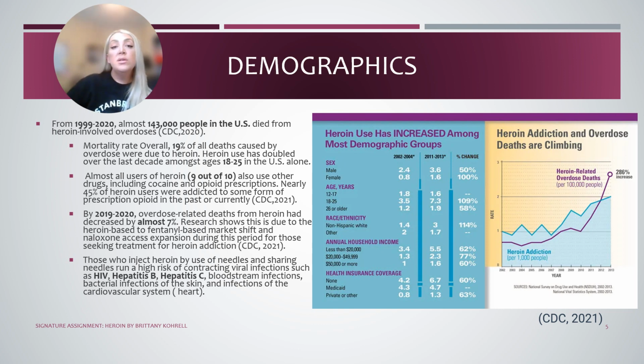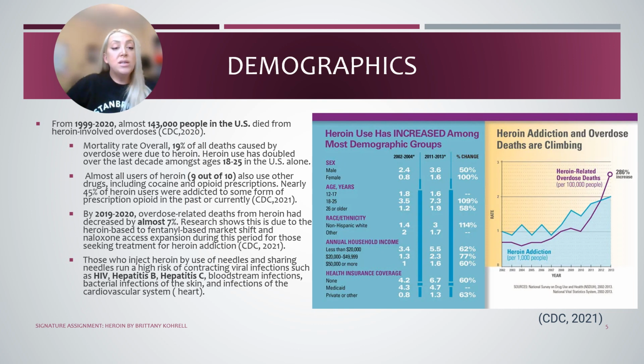Almost all users of heroin have been using another form, such as cocaine, opioid prescriptions, and nearly 45% of heroin users had been addicted to some form of opioid prescription in the past before using heroin.